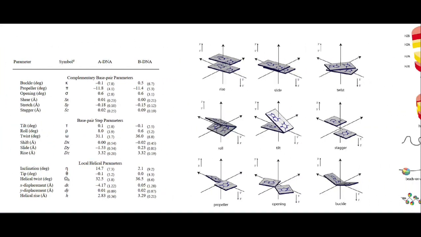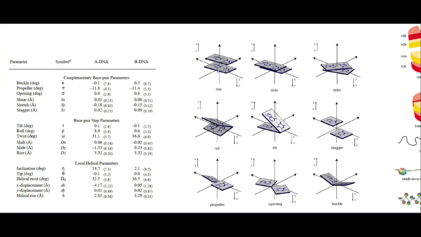We can look at how the base pairs can have these different orientations to each other. I'm not going to go through this whole chart, but you can see that there are different sorts of offsets that they can have. They can be at different angles, and so B DNA and A DNA have canonical offsets and angles for the base pair parameters and the base pair step parameters and the local helical parameters.